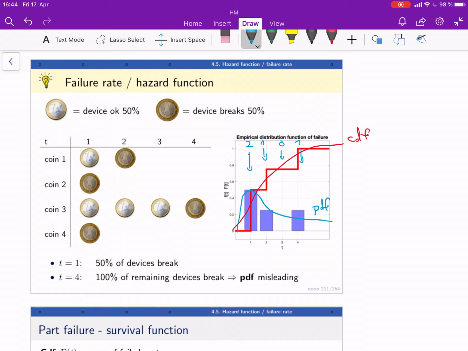So the big question is, does the PDF going down imply it gets less likely that a device breaks over time?